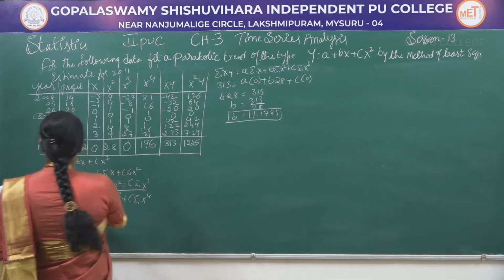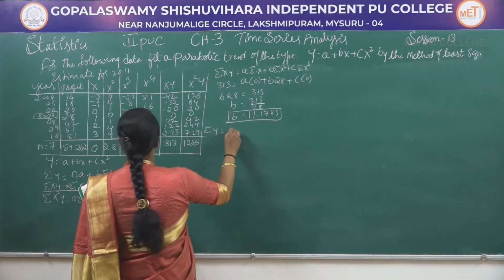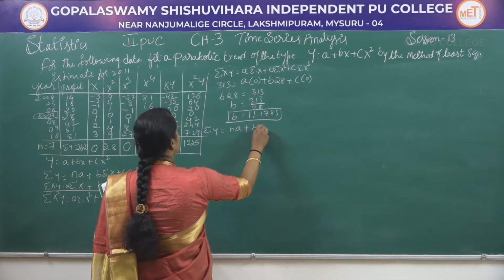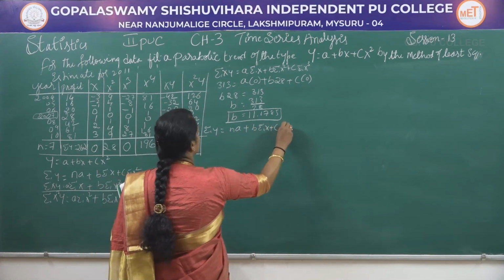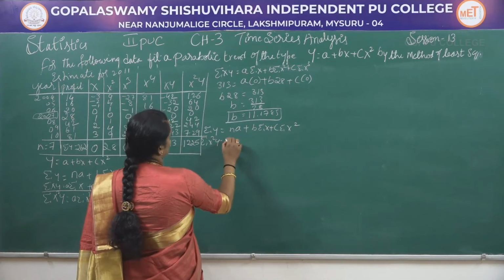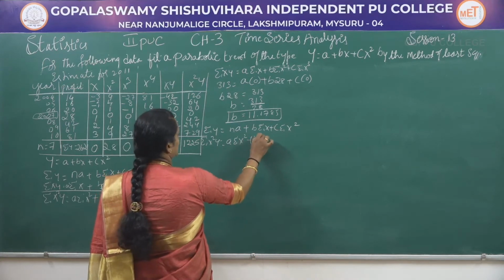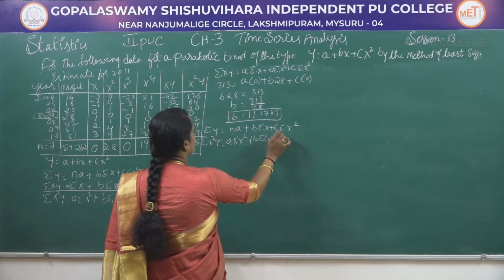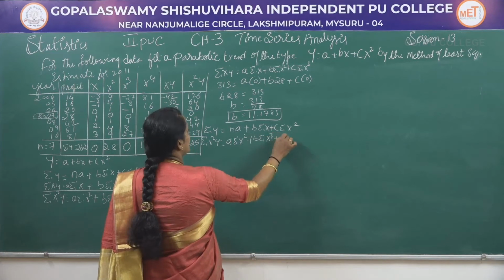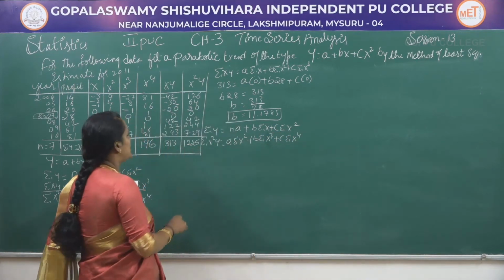Next you have to consider the first and the third equation. Summation y is equal to na plus b into summation x plus c into summation x square. Summation x square y is equal to a into summation x square plus b into summation x cube plus c into summation x power 4. Substitute the values.